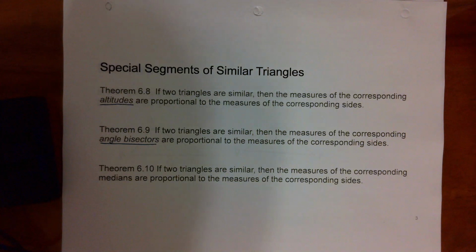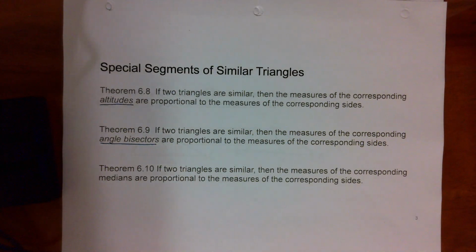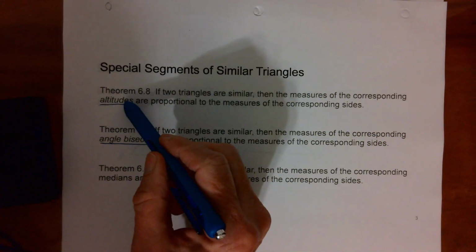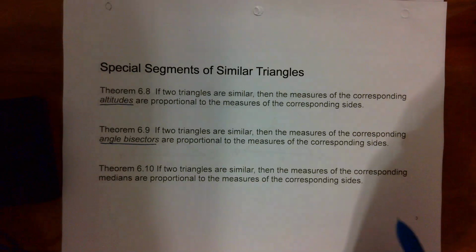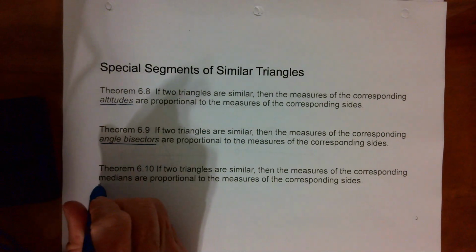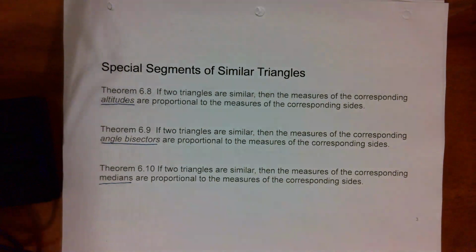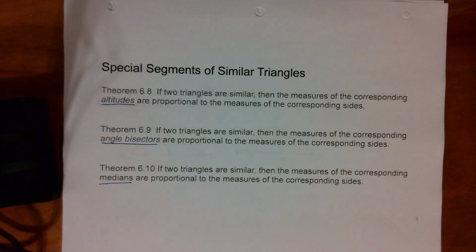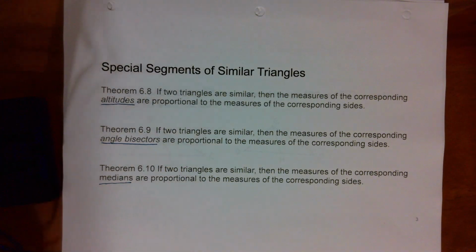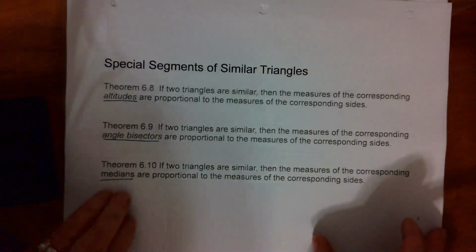So just like we had the perimeter, the altitude is proportional, the angle bisector is proportional, and this third one says the medians are proportional. So just like the sides are proportional, so is the perimeter, the altitudes, the angle bisector, and the medians.